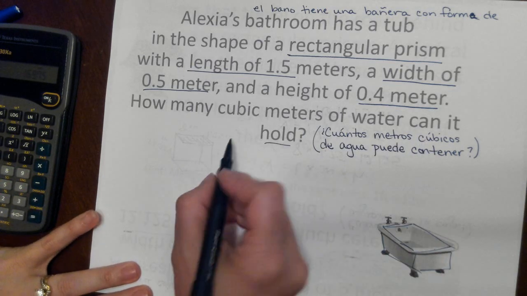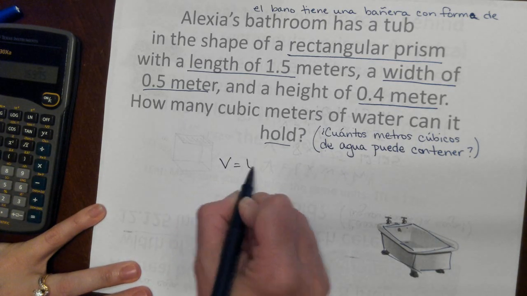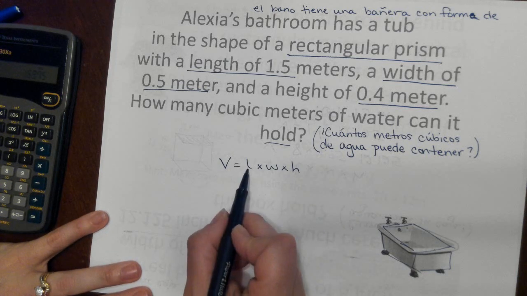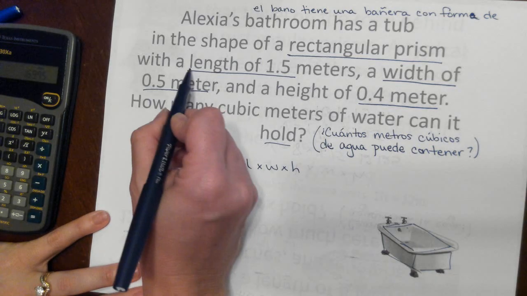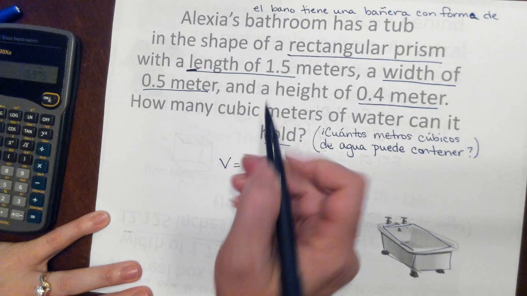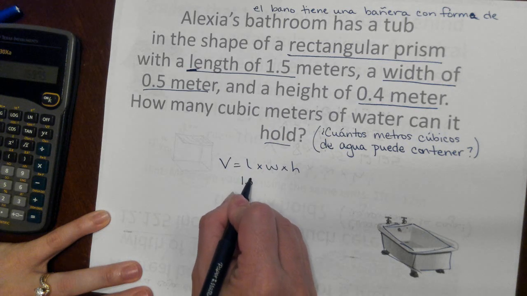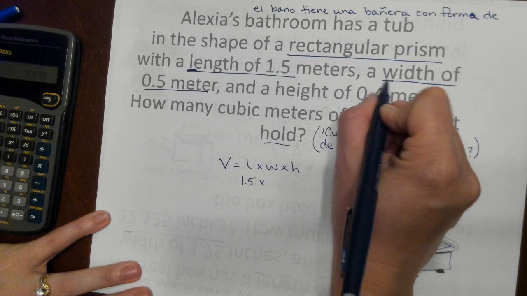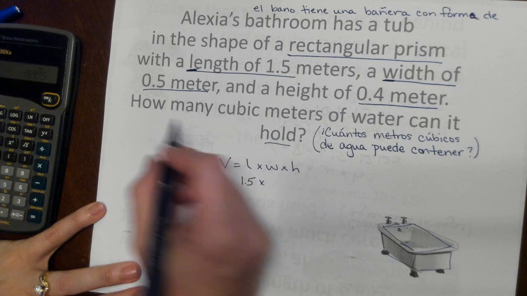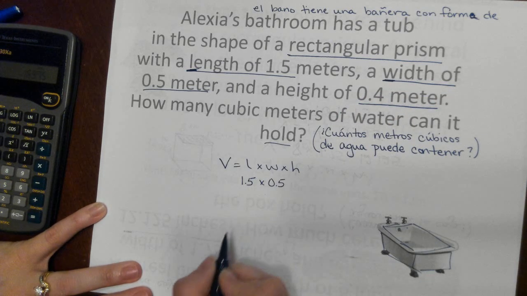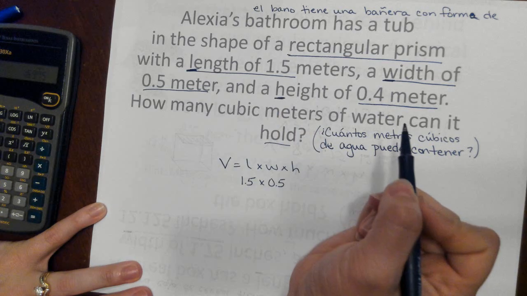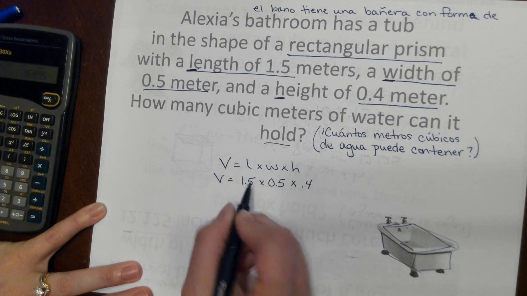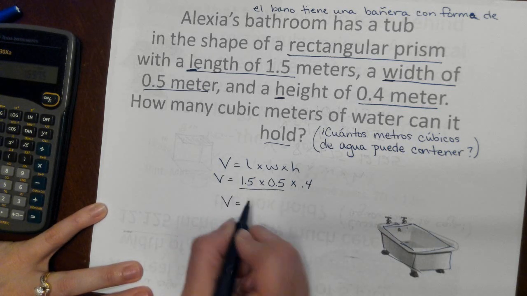So we know we're putting water in it. That's volume. So length times width times height. So again, the area of the base, so the length is 1.5. The width, look at that, letters line up, is 0.5 meter, and the height is 4/10 meter. So finding the area of the base first.